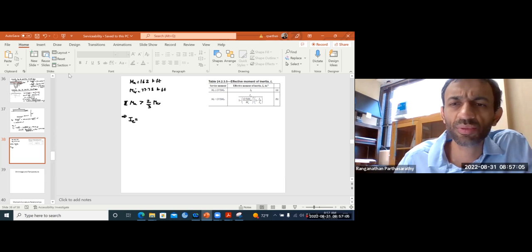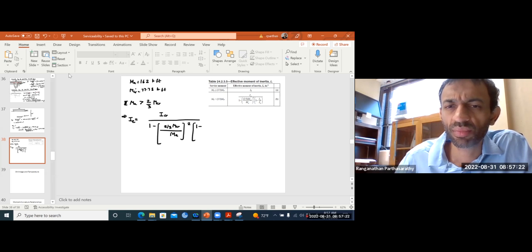So for the positive moment region, IE is ICR over 1 minus (2/3 MCR by MA) whole square times (1 minus ICR by IG).